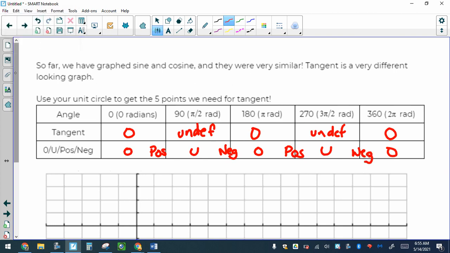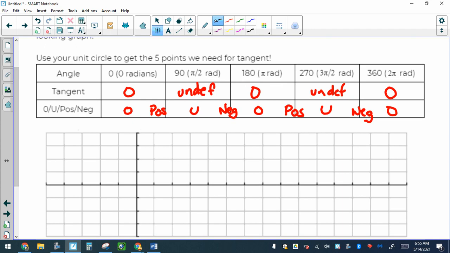All right. So down here we've got our graph. Yours is labeled. And so let's start graphing this up. So first off, 0, undefined, is a straight vertical line up and down. And hopefully that looks a bit familiar for you.